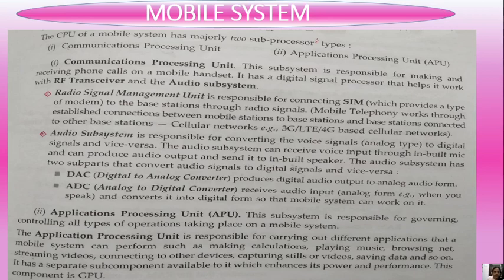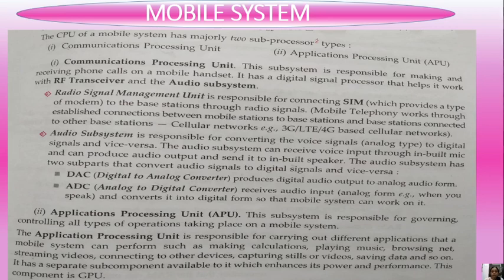And the second subpart of this mobile system CPU. First we have discussed communication processing unit, and the second is APU, application processing unit. This subsystem is responsible for governing and controlling all types of operations taking place on a mobile system. So we can compare it with the CU, control unit of computer system organization.